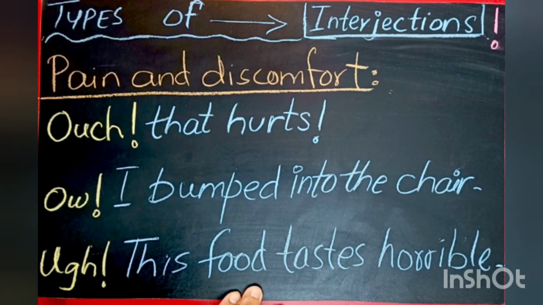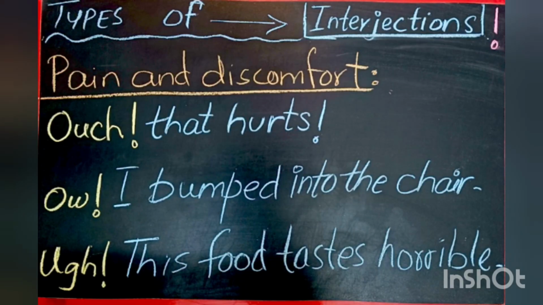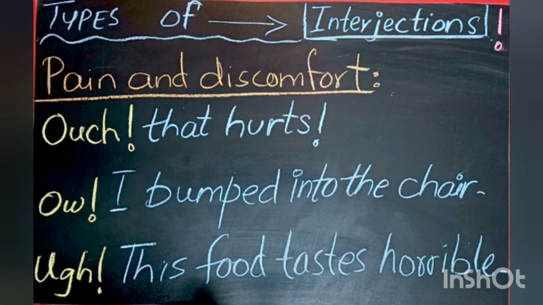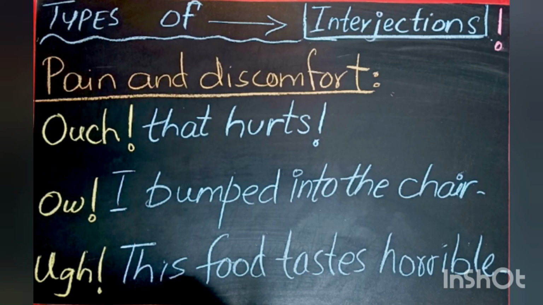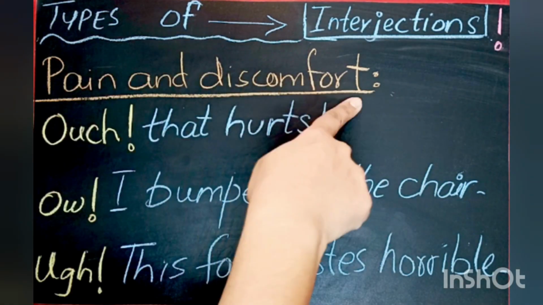Ugh, this food tastes horrible. So these interjections, which show pain and discomfort, actually are used to convey the feeling of physical pain or discomfort. Okay, physical pain and discomfort.